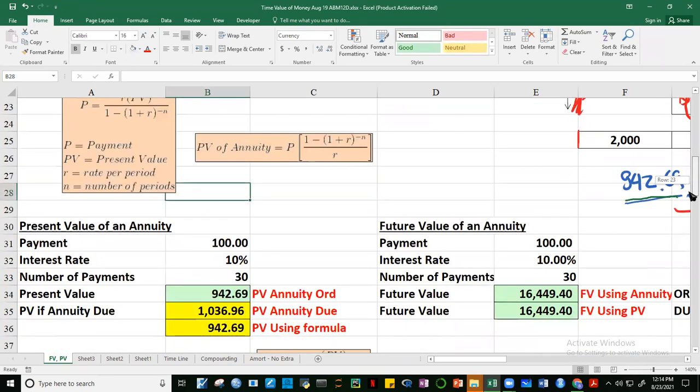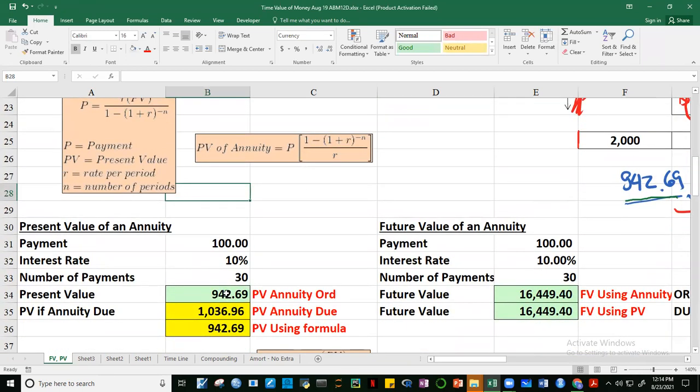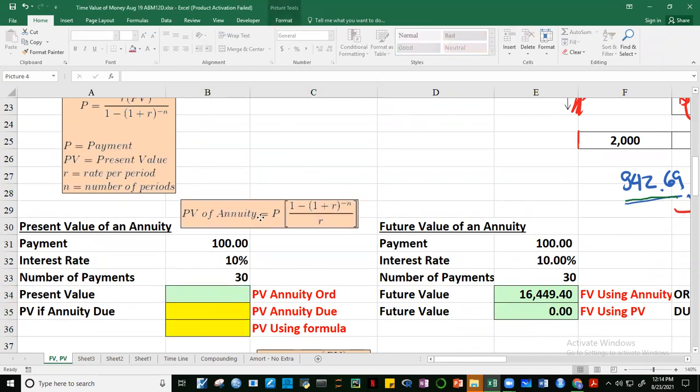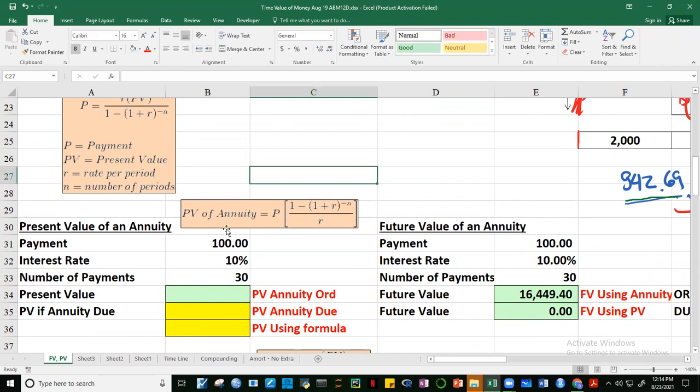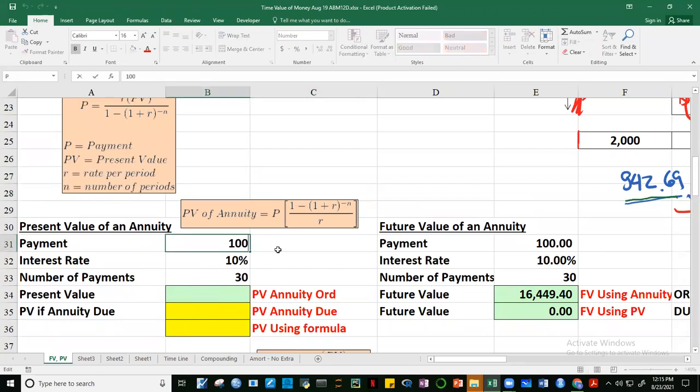So first, let's take a look at how to compute for the present value. Tanggalin ko to. So to compute for the present value of an annuity, use this formula. Now, ang ginawa natin dito guys, binigyan natin ng pangalan to. Okay, so you notice that itong payment na to, if you look at the name box guys, may pangalan siya na P.